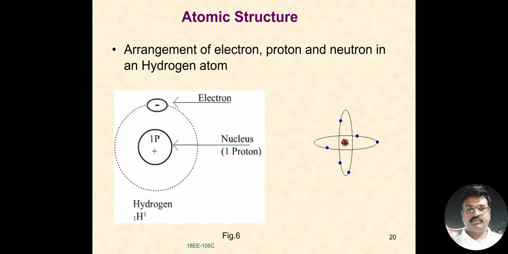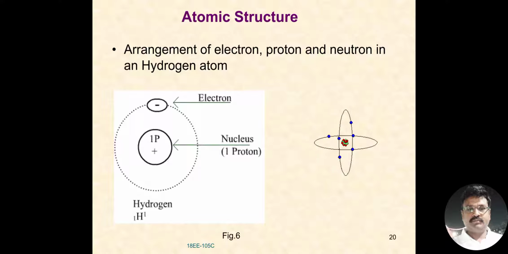From this we can say the mass of a proton is much higher than that of an electron. It is 1837 times that of an electron. It means that electrons are very light in weight.